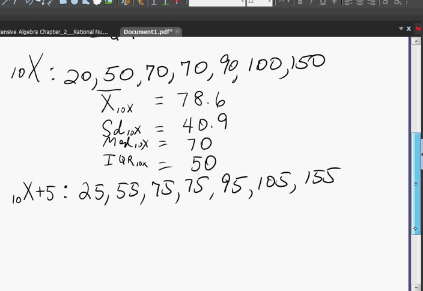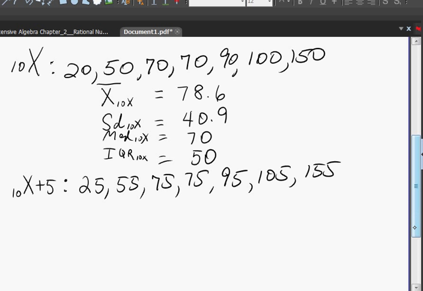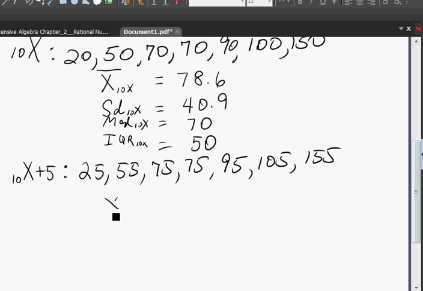You'll see in just a minute. So I need a new mean, a new standard deviation, a new median, a new IQR for this new data set, 10x plus 5.